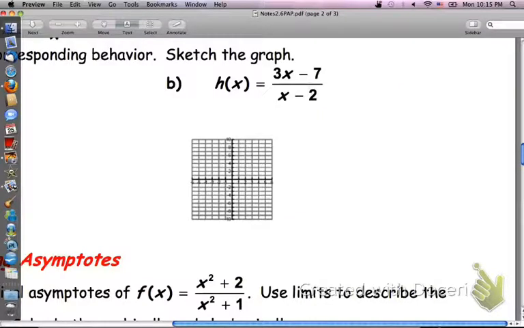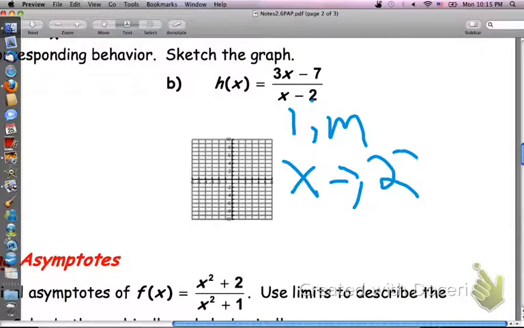Then studying the limit as x approaches 2 from the left, writing our 2 and our minus sign, h of x approaches positive infinity.